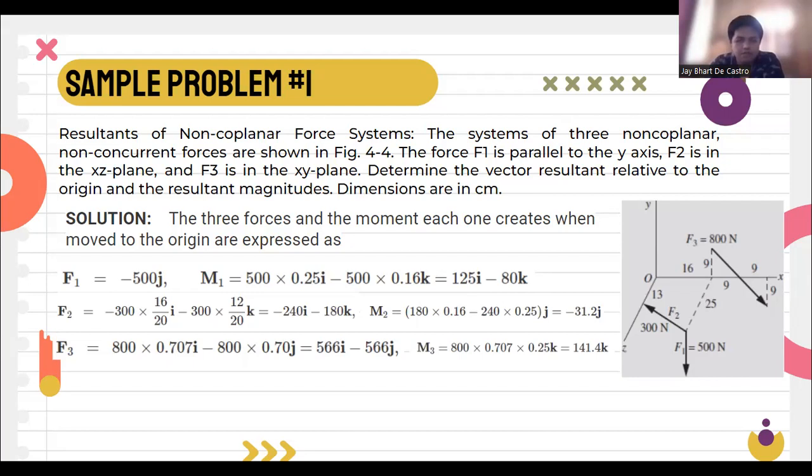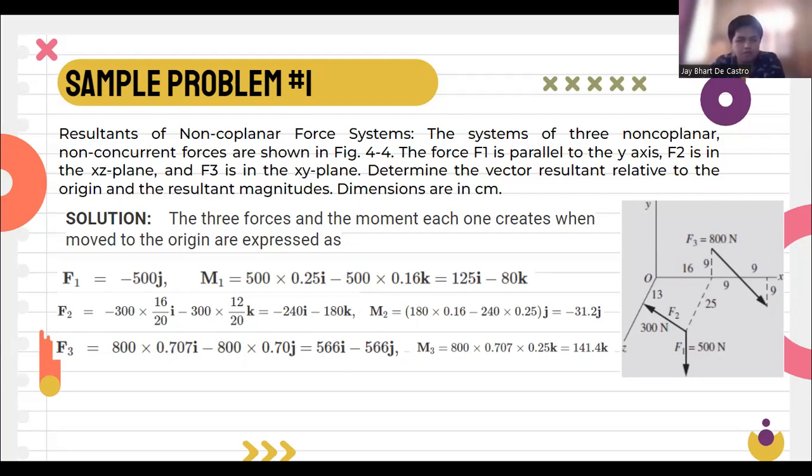The three forces and the moment each one creates when moved to the origin are expressed as follows. F sub 1 is equal to negative 500, and M sub 1 is equal to 500 times 0.25 minus 500 times 0.16k, equals 125 minus 80k.